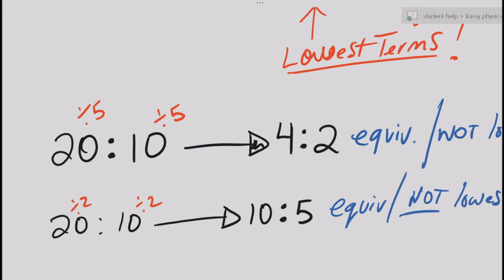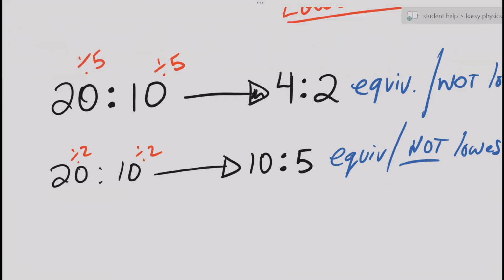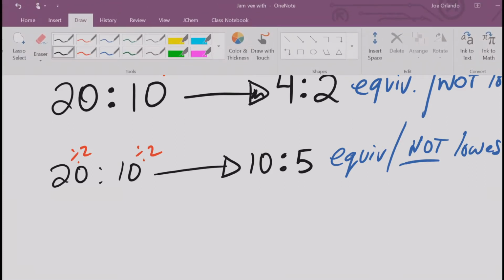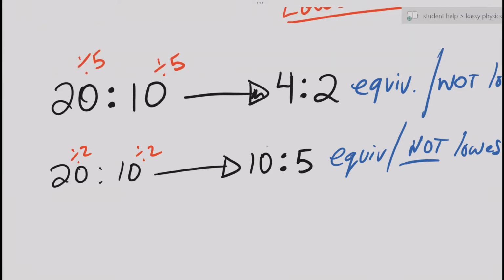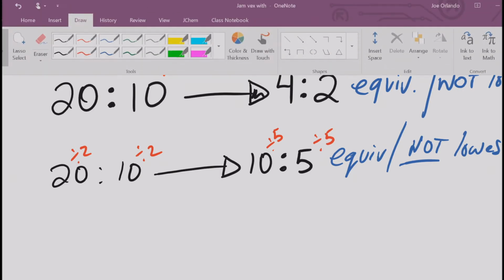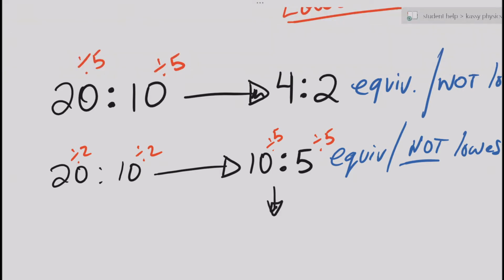The lowest terms will come when I divide by the biggest number I can. And if you look here, this could be divided further. This can still be divided by 5, and this can still be divided by 5. And if I'd done that, I would have got 2 to 1, because 10 divided by 5 is 2. 5 divided by 5 is 1.